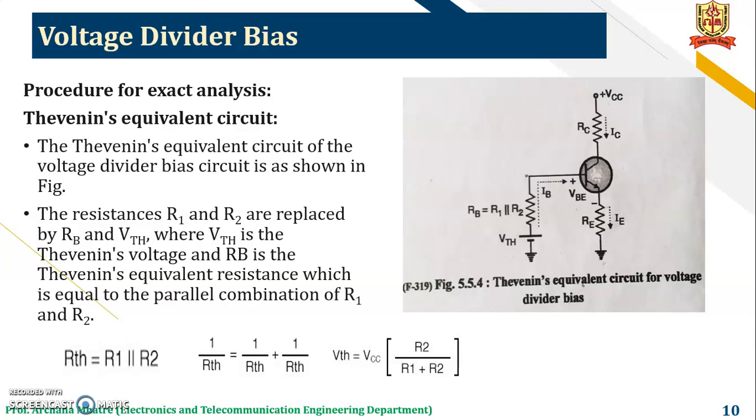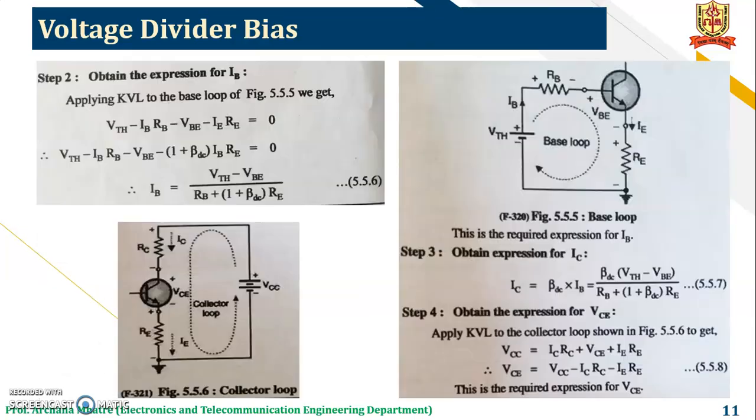So RTH is equal to R1 parallel to R2. So we'll write 1 divided by RTH is equal to 1 divided by R1 plus 1 divided by R2. And VTH is equal to VCC into R2 divided by (R1 plus R2).